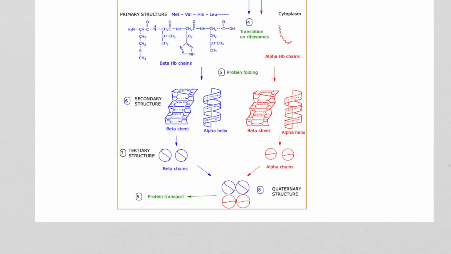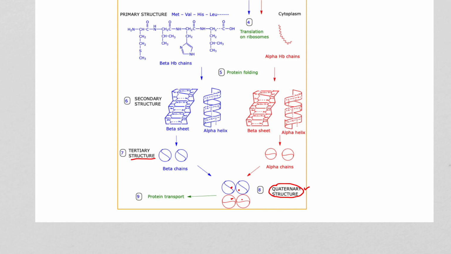So the relationship between the alpha and beta chains with respect to one another, that's called the quaternary structure. So a lot of very important proteins that have very important functions in the body, they have quaternary structures. However, most other proteins have up till tertiary structures.